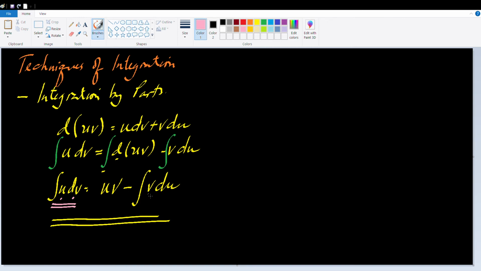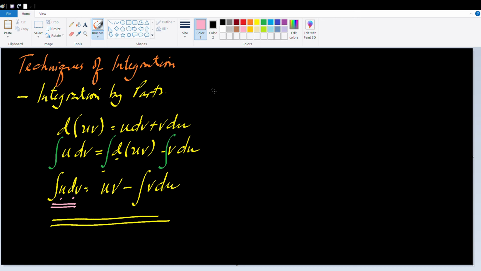Again, v is obtained by integrating dv, and du can be obtained by differentiating u. So if we are to apply integration by parts for a particular integral, we have to select our u and our dv so that the resulting integral v du is simpler compared to the original integral u dv.